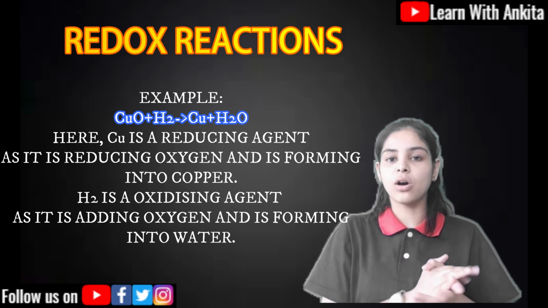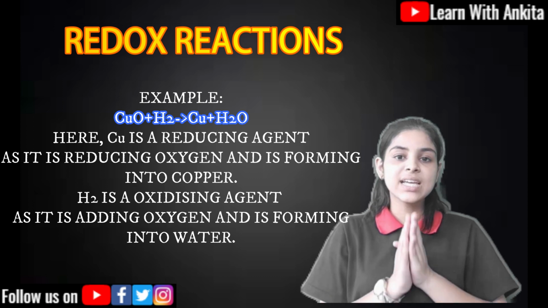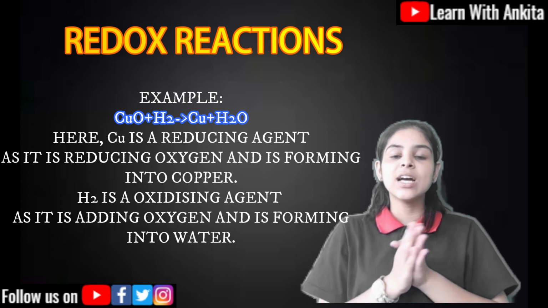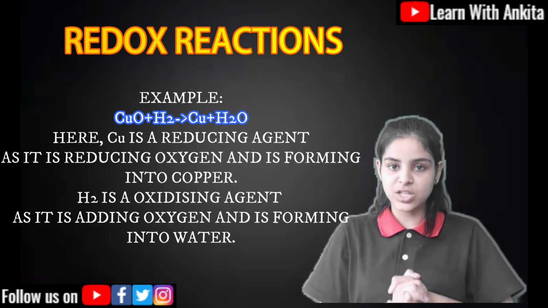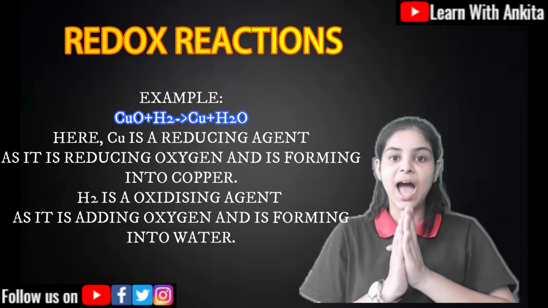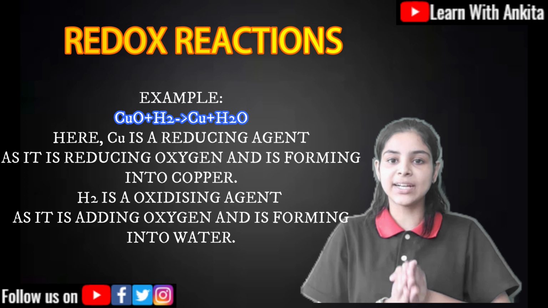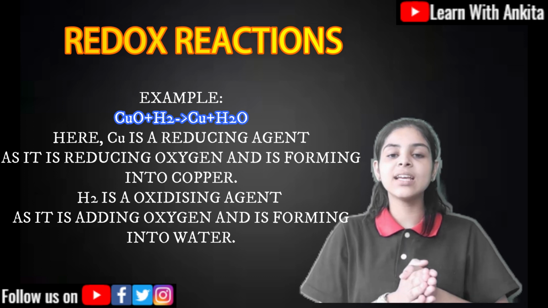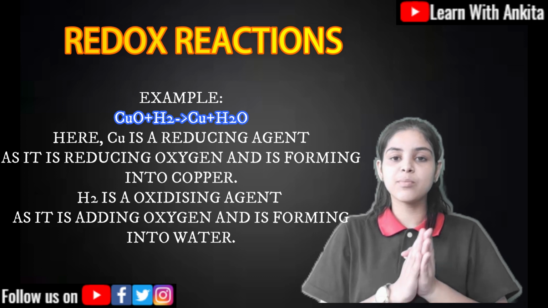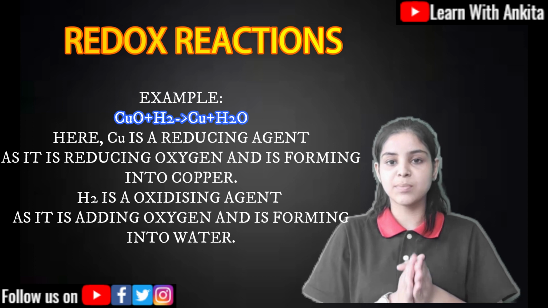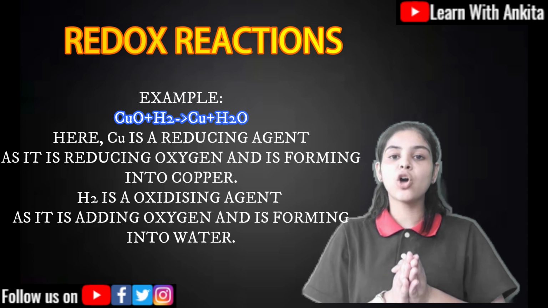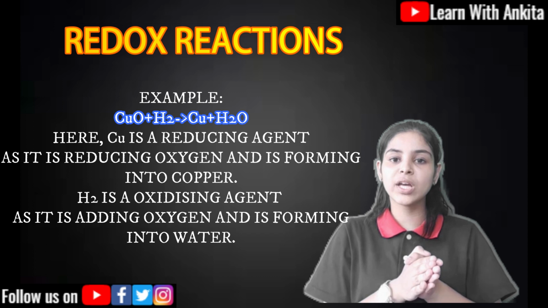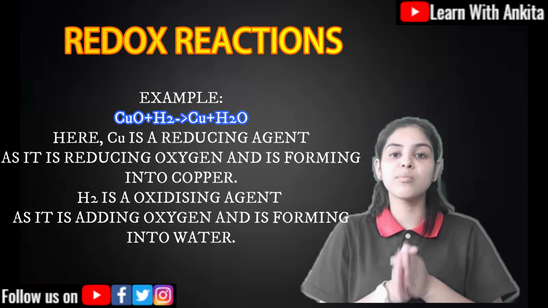Over here copper oxide is the reducing agent, and H2, the hydrogen, is the oxidizing agent, as the oxygen is being added over here and the hydrogen is being removed from there. And in the copper oxide, oxygen has been removed.